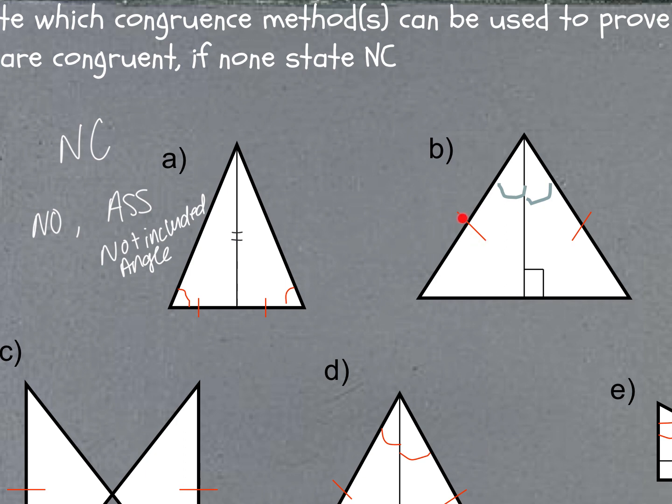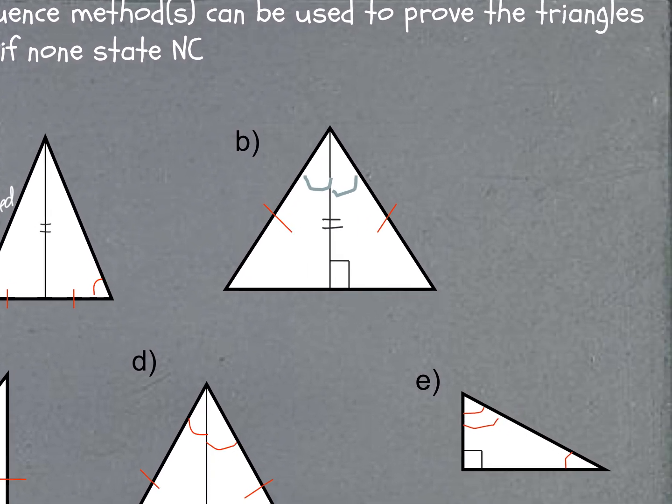So looking at this one, I have my side. I have my angle. And because they're sharing this side, is this congruent? Yes. Looking at this one, this side is congruent. So would this be considered a side angle side triangle? Yes, it would. But it doesn't show that there's a right angle on the other one.